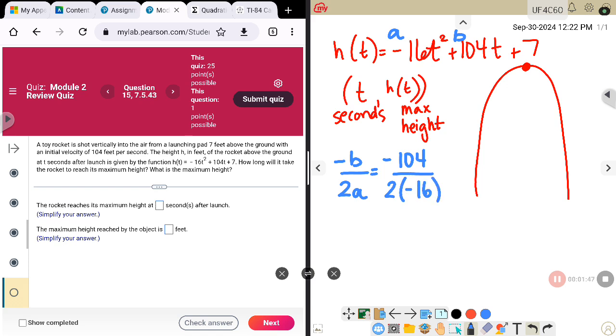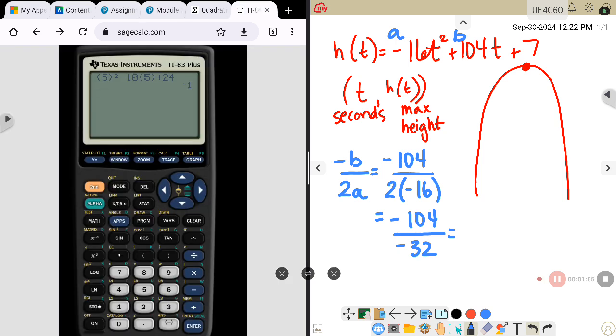So now I have negative 104 over negative 32, and I'll just put that in my calculator. Negative 104 divided by negative 32, and it tells me 3.25. So now I know that the first coordinate of that vertex is 3.25.